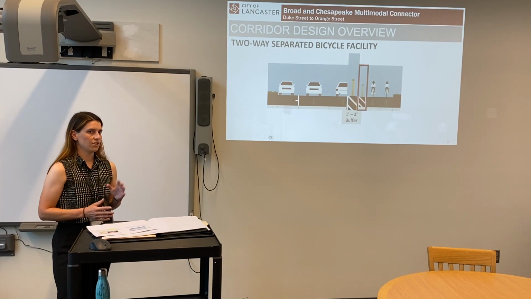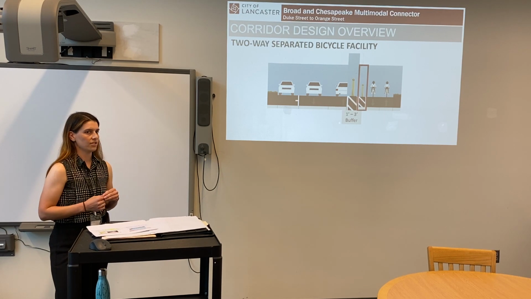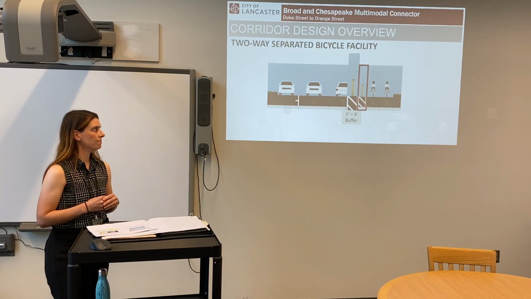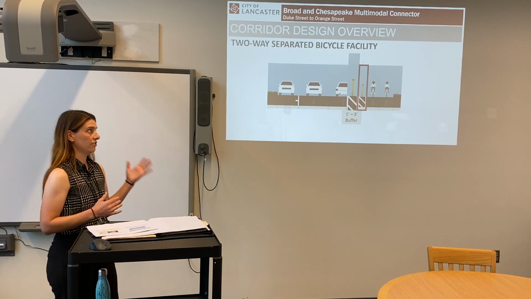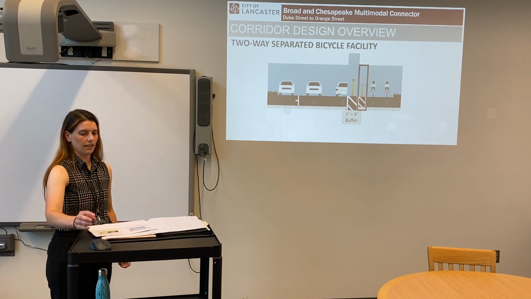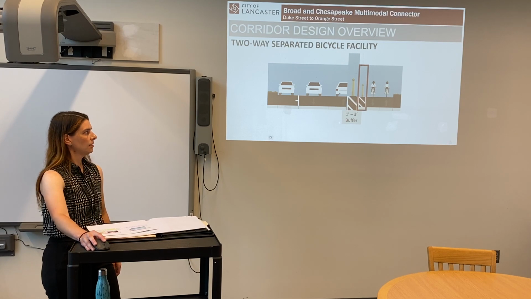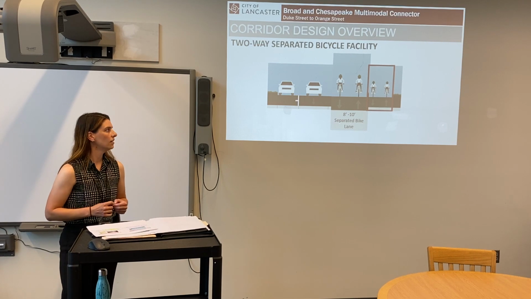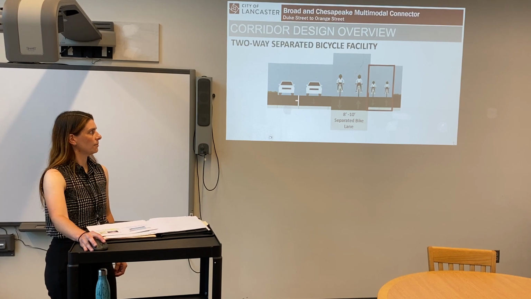This buffer ranges from 1 feet to 3 feet, and in this image here, there's a flex post in the graphic. That's vertical delineation. And along the corridor, either a flex post or maybe a parking stop is included at intersections or high conflict locations. The separated bike lane ranges from 8 feet to 10 feet. And we'll talk through more in the coming slides here.